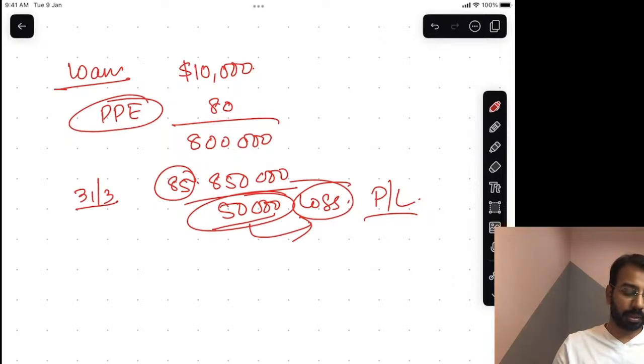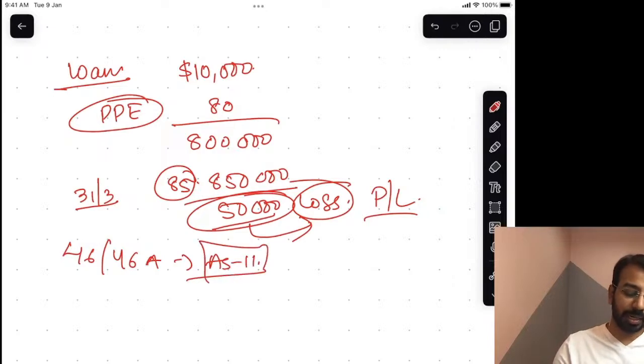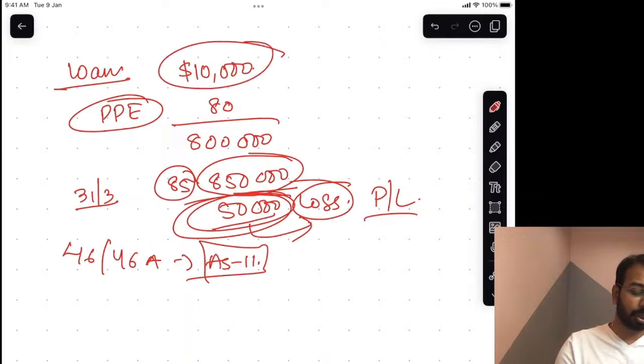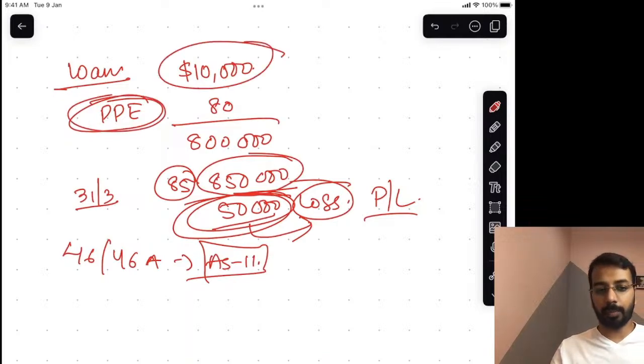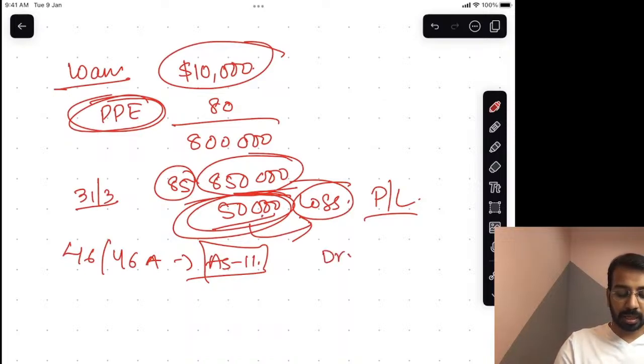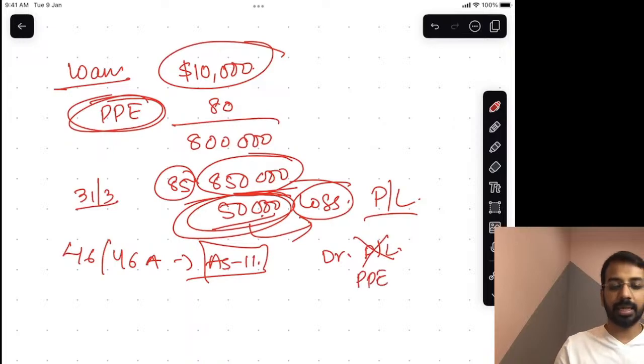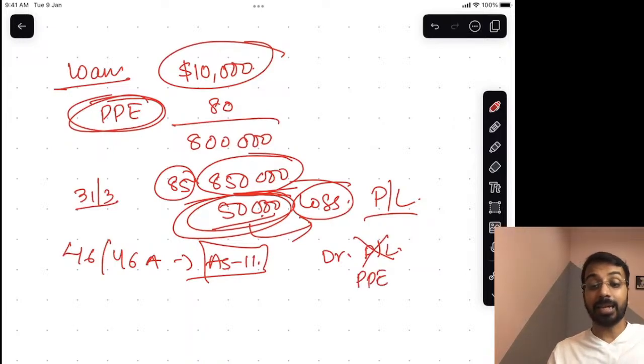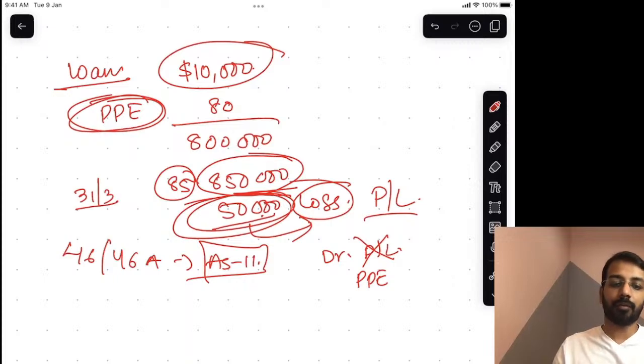So what the government did was they introduced paragraphs 46 and 46A under AS 11, where they said this 50,000 of loss which is on a monetary item for acquisition of a long-term asset, instead of debiting this to P&L, you can debit it to PPE. Basically, the foreign exchange loss can be added to the cost of PPE. That is the treatment that is allowed under paragraph 46A.